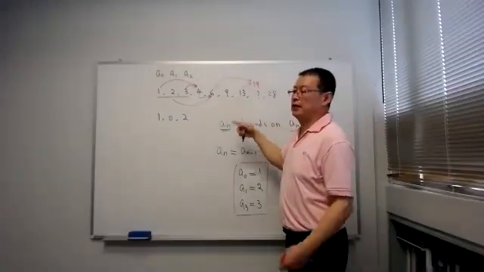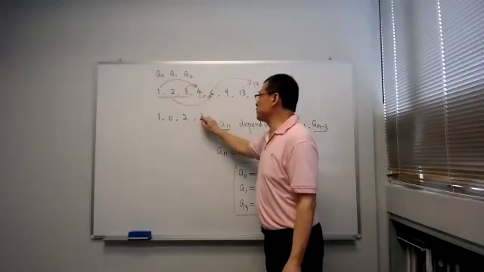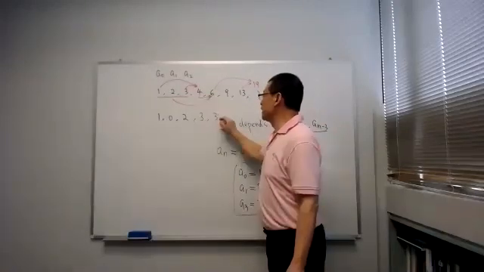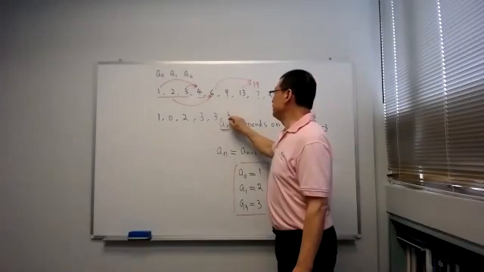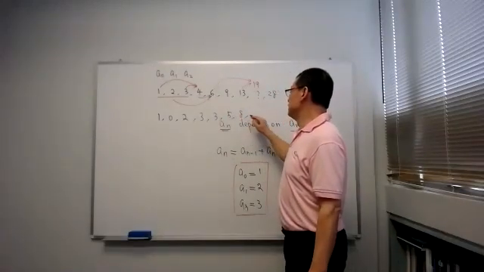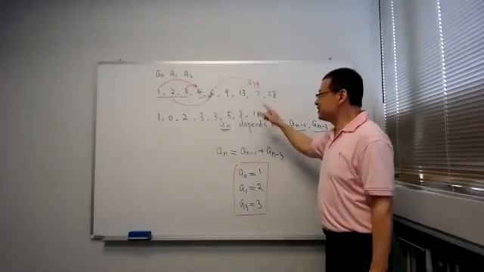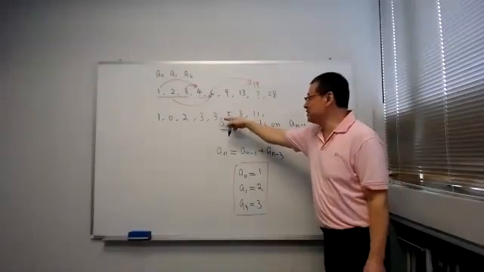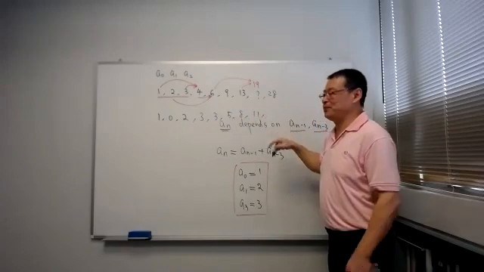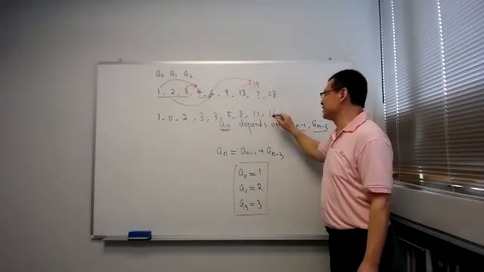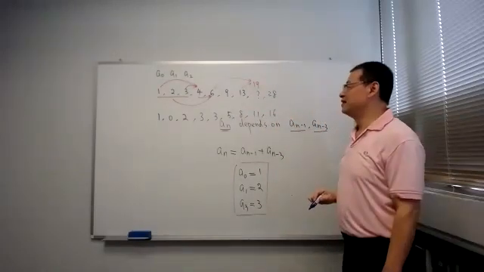Naturally, this one becomes 3, then 3, then 5, then 8, then 11. It looks like Fibonacci numbers 5, 8, but of course the next one is different. It's 16 now.